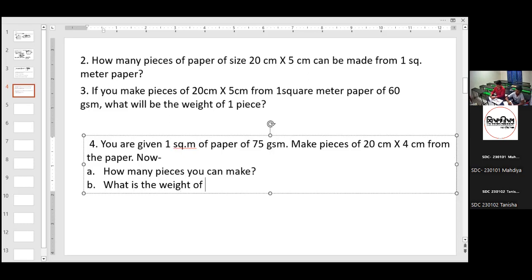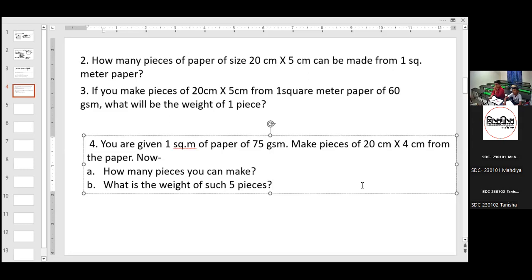Let's say we make 5 pieces, right? Now, what to do? First, we need to understand that the paper is 75 GSM, meaning we have 1 square meter which is 75 GSM, right?